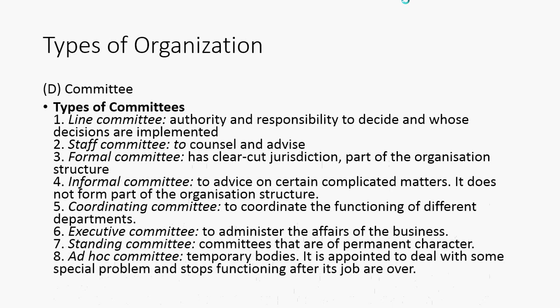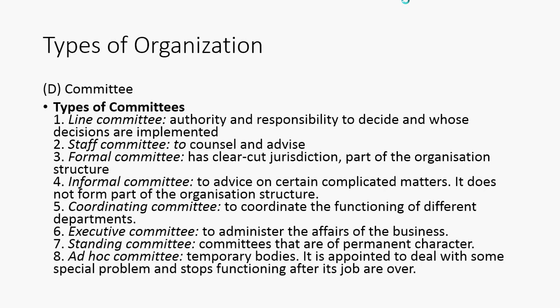So here are various types of committees. The first one is the line committee, wherein the authority and responsibility to decide rest, and whose decisions are implemented. A staff committee is to counsel and advise about the solution. The formal committee has clear-cut jurisdiction, and it is formed as part of the organization structure.